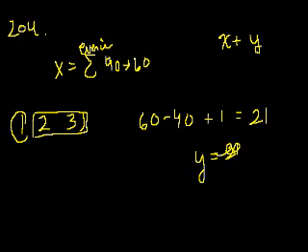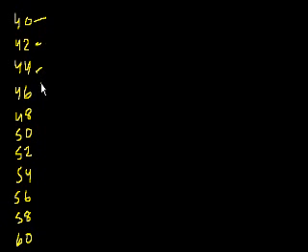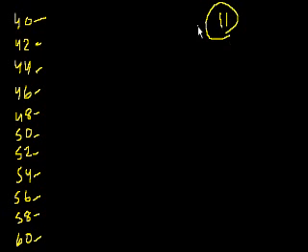For the even integers, it might just be easier to write them out: 40, 42, 44, 46, 48, 50, 52, 54, 56, 58, and 60. 1, 2, 3, 4, 5, 6, 7, 8, 9, 10, 11. 11 integers. So that's y. And we need to take the sum of all of these, right?